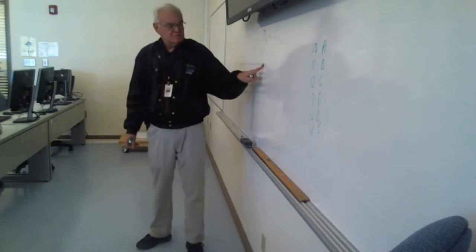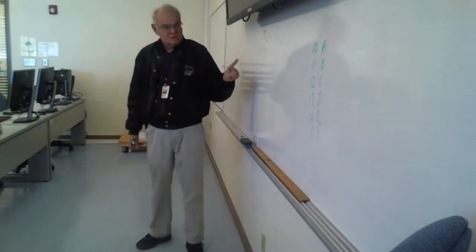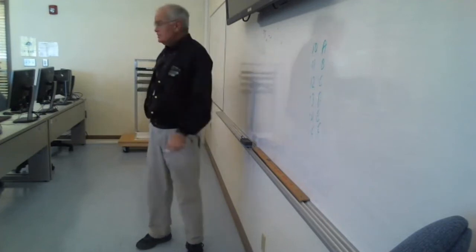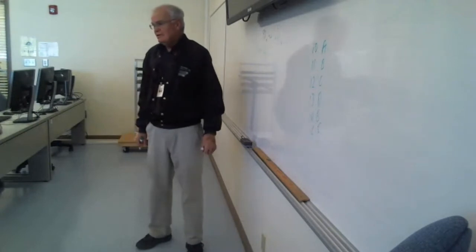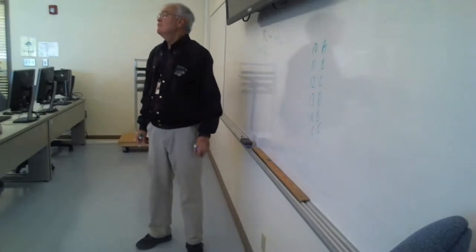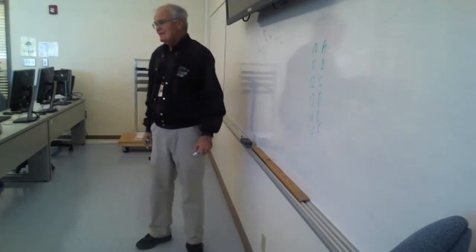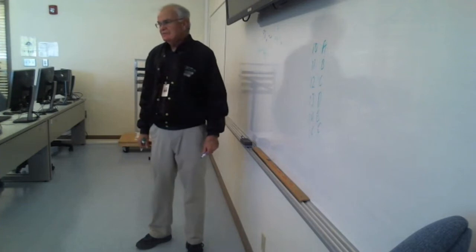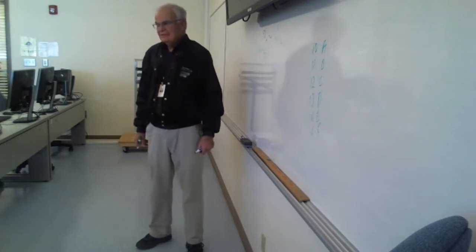We're in the 1's column now. It's 13. That's less than 16, so we're okay. But I can't put 13 in there. So what's my answer that I'm going to put there? D. Somebody else. Angel? 13 is going to be what?